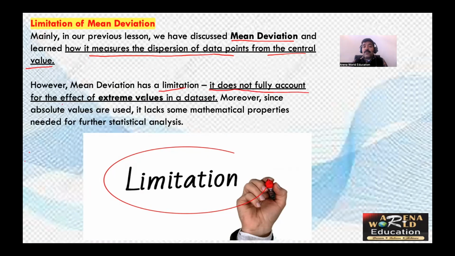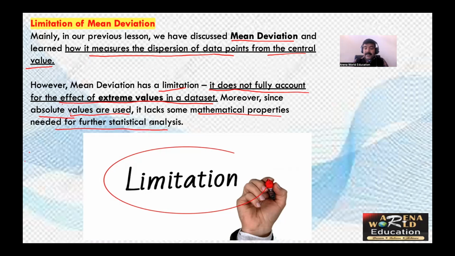It does not fully account for the effect of extreme values in a data set. Moreover, since absolute values are used, as we saw in the formula for mean deviation about the mean or median, where we were taking the absolute values of the deviations, it lacks some mathematical properties needed for further statistical analysis.